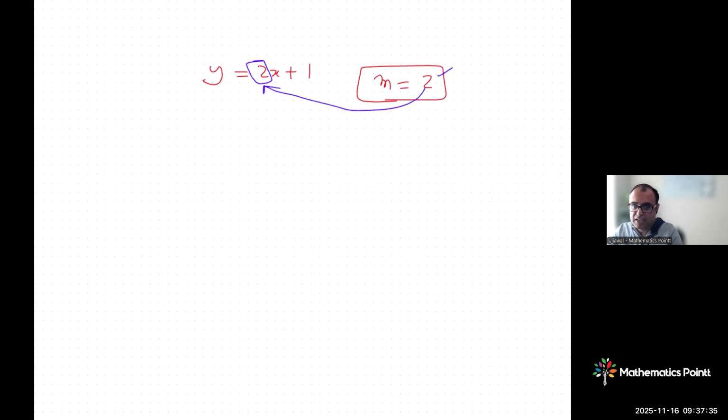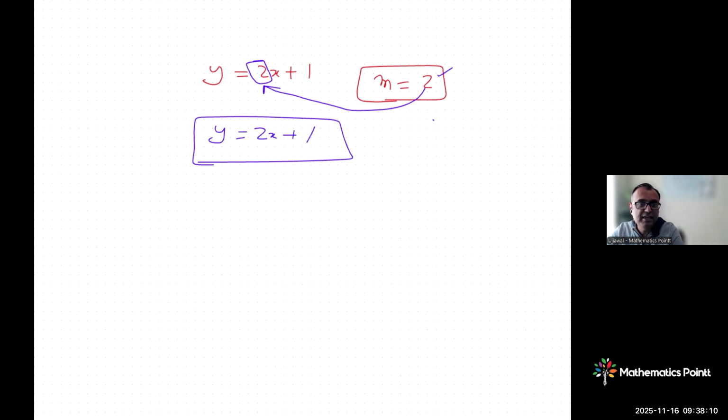So what I'm trying to tell you now is that you, in the first place, should not have really needed 2 points to find the slope of this line. If I say y equals 2x plus 1, I'm repeating it, Shaban, don't worry. So y equals 2x plus 1. I don't really need 2 points to then calculate y2 minus y1 over x2 minus x1 to find the slope of the line. But why?